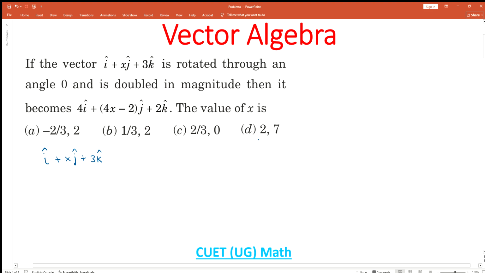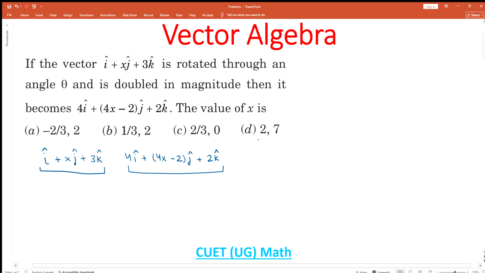By doing that, it becomes vector 4i plus (4x minus 2)j plus 2k. So that means the magnitude of this vector 4i plus (4x minus 2)j plus 2k should be double the magnitude of vector i plus xj plus 3k.